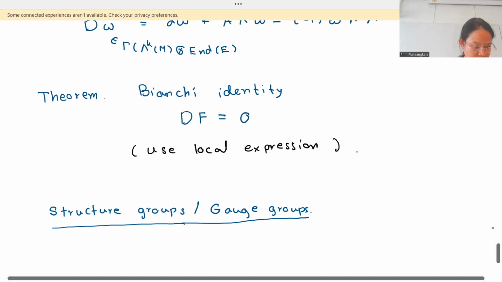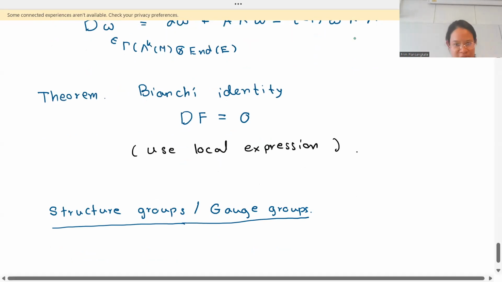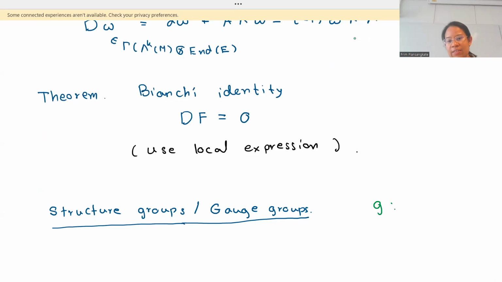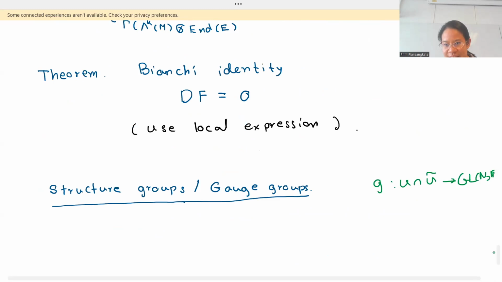So what are they? Normally, in general, the transition function is a function on the overlapping region into GL(n, R), so it takes values in GL(n, R), the general linear group.